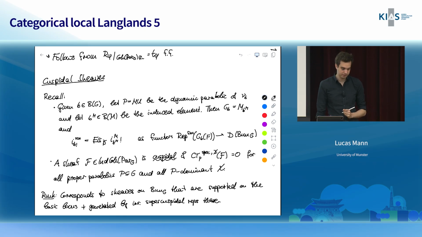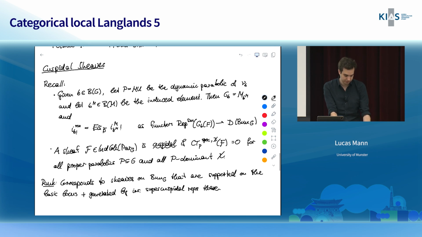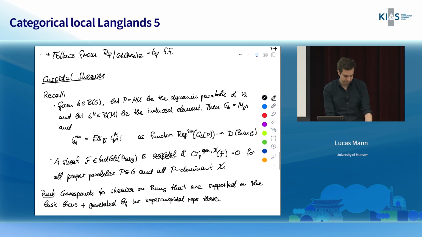And vaguely the reason for this is that you use the adjunction between Eisenstein and constant term, and then you see that if the constant term is 0, this means that there cannot be any maps from Eisenstein functors. And by the thing I wrote above, these Eisenstein functors basically give you everything away from the basic locus.